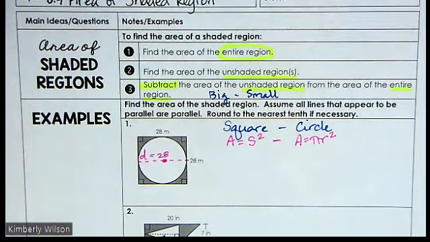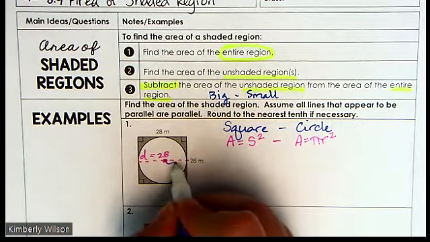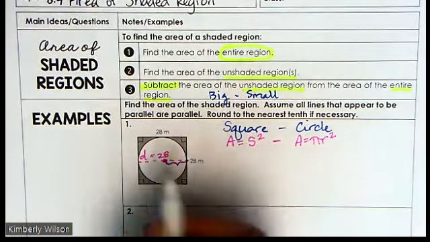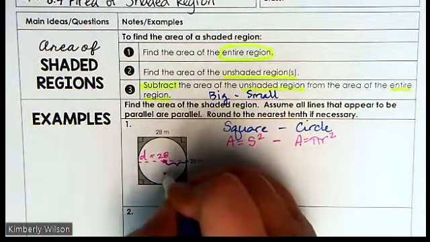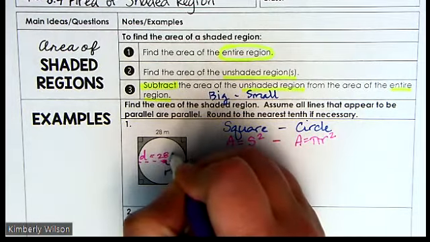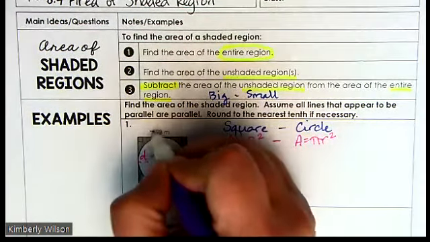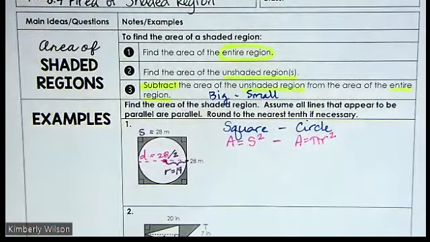When it comes to the circle, I don't need the diameter. I need the radius, which is the distance from here to here. If the diameter is 28, that means my radius is going to be 14, because I do 28 divided by 2, which gives me my radius, and then the 28 is my side length.